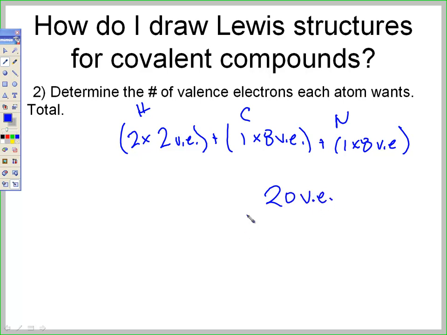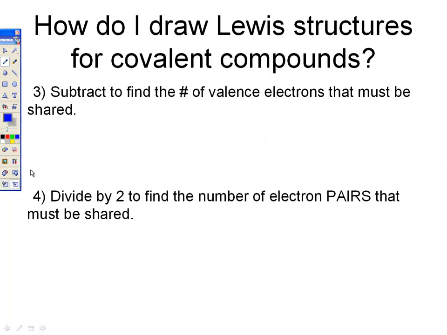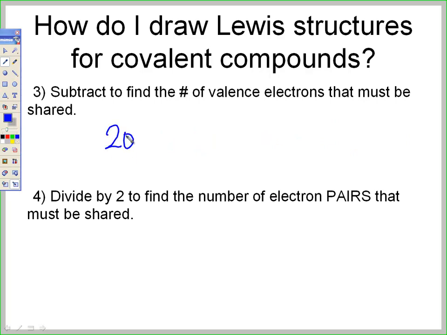So I need to make 10 seem like 20. So this is kind of a taller order than the other one. So when I move on to step 3, when I'm subtracting, I have 10 valence electrons that must be shared, which results in 5 pairs that need to be shared.